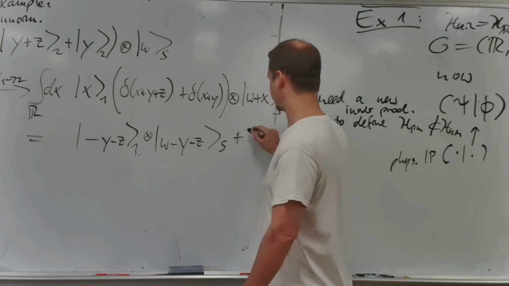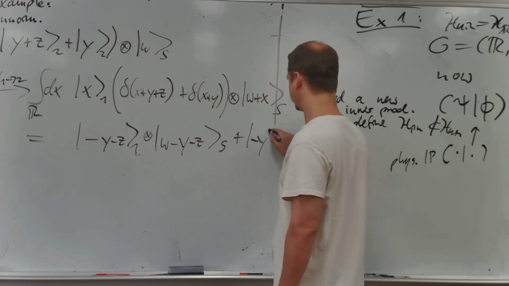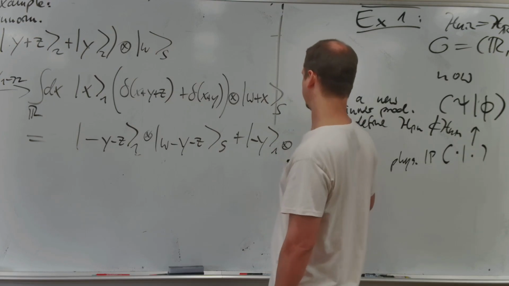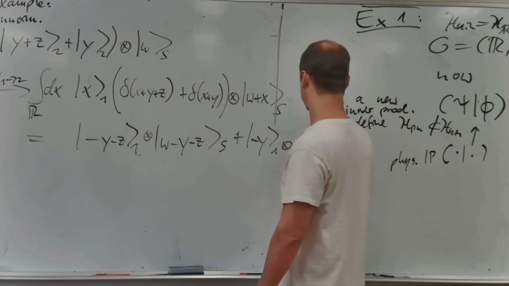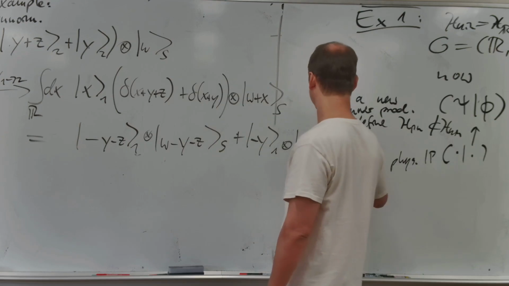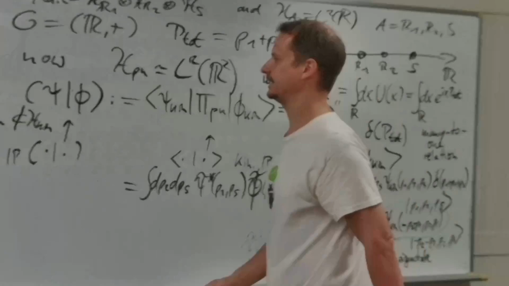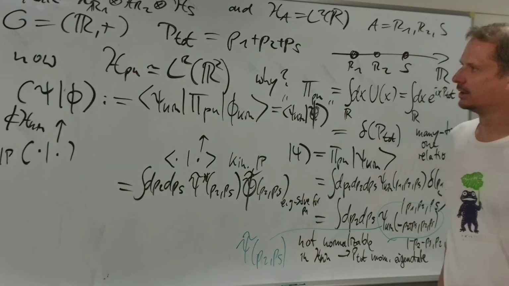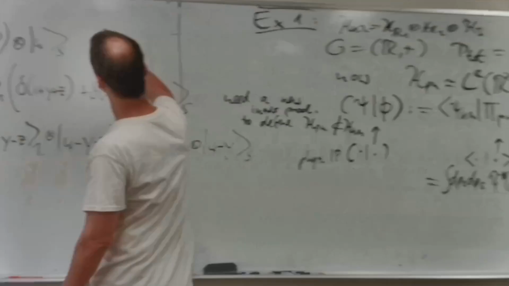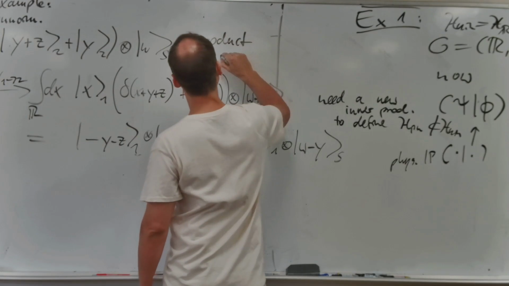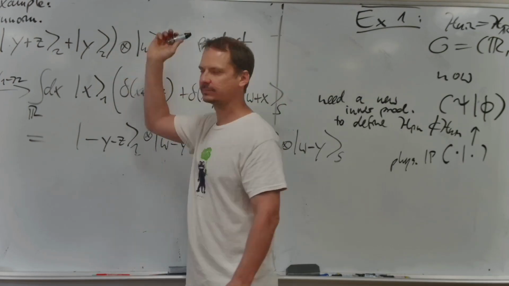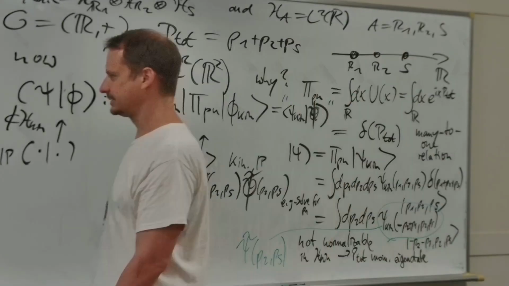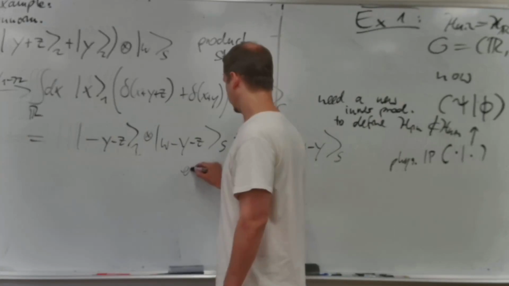So in this guy, it's just the same without z. Okay. So you see this is the product state, product distribution really, and this here is an entangled state.